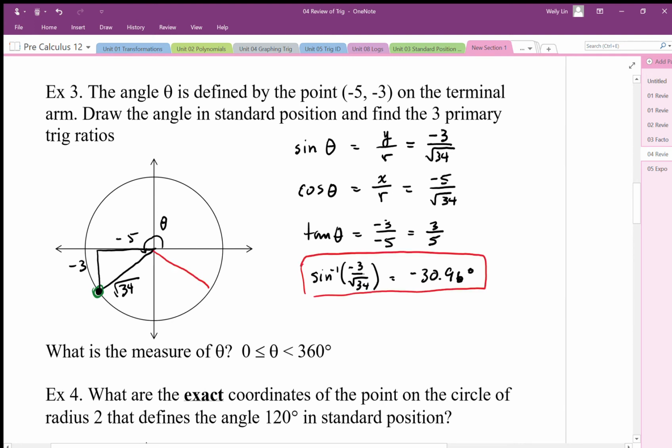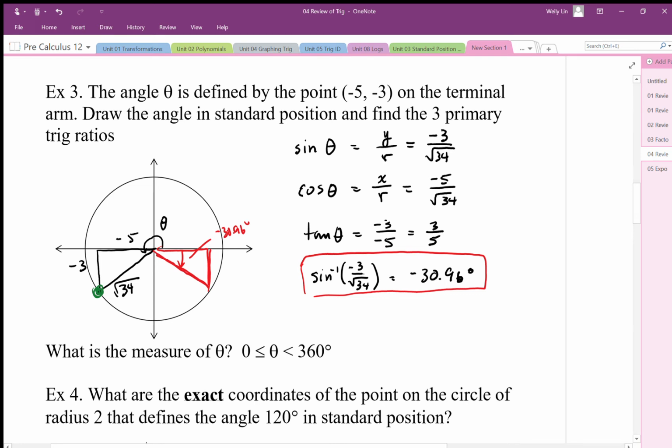It looks more like here. And there's my -30.96 degrees. Now, it is the same shape as the triangle that I've drawn in quadrant 3.